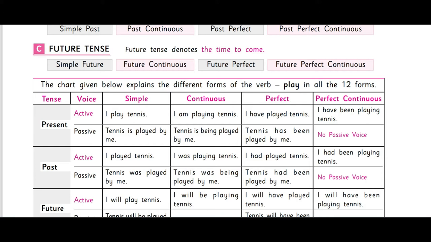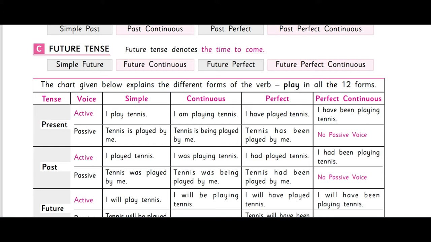We know what is active voice and also what is passive voice. Active voice is the method of saying that gives importance to the subject, verb, object. That is the form of the active voice. Whereas in passive voice, the subject is not being stressed, but the object is being stressed.